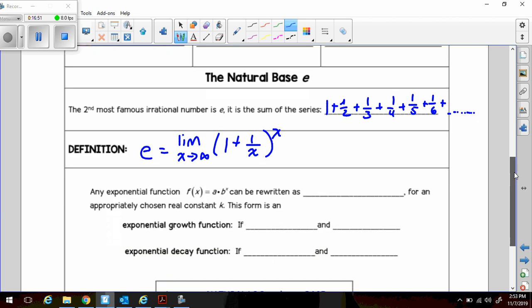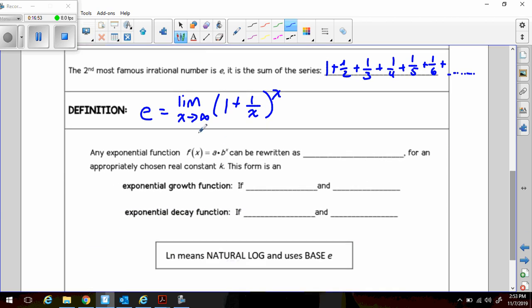Any exponential function in this form can be written as the function equals a times e to the kx, where k is a constant. K is just a number. So we can make this exponential an exponential with e as a base instead of that number of b.